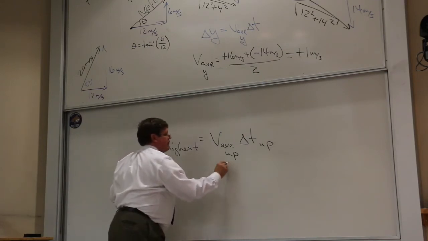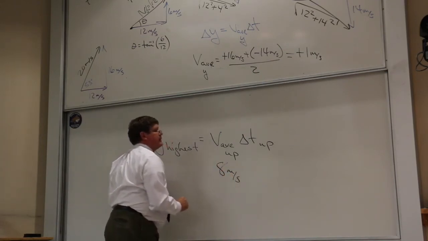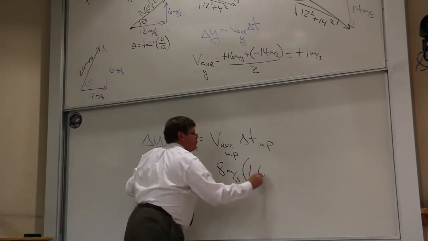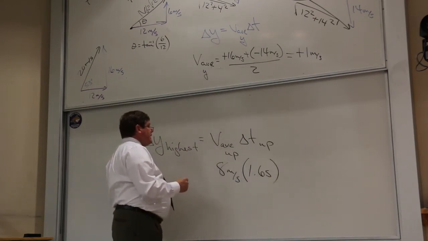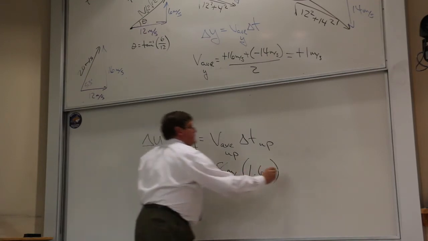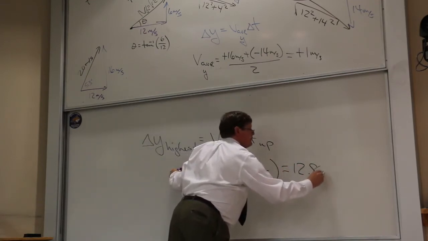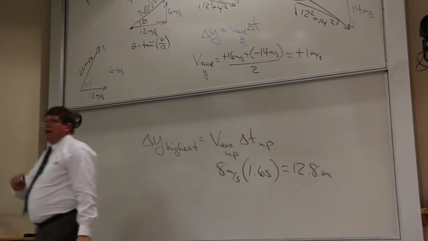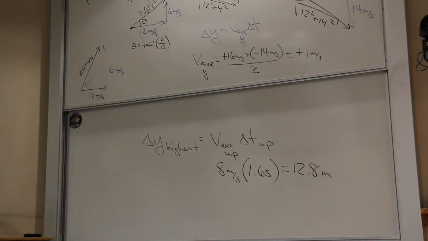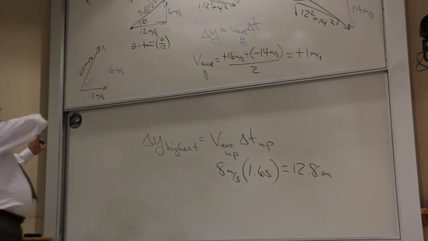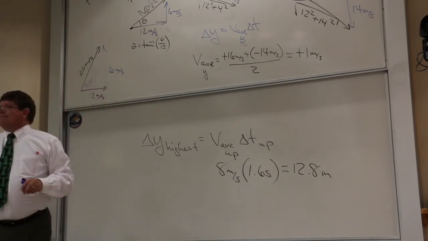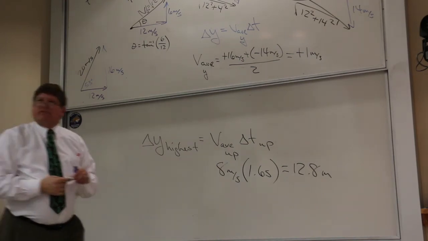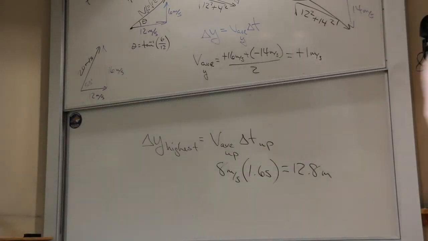That's going to be an average of 8 meters per second up with a time of 1.6 seconds. And that's going to give me 12.8 meters. That's how much higher than the release point it will be at the highest point. So this ball spends 1.6 seconds going up and 1.4 seconds going down. Okay, check that your neighbor is following all of this.